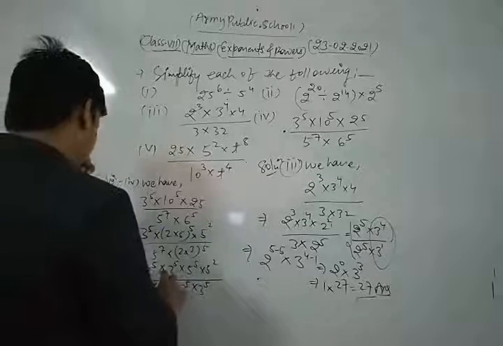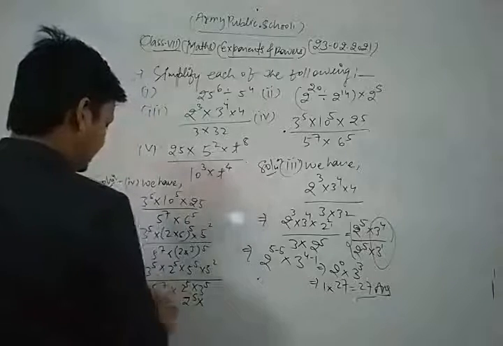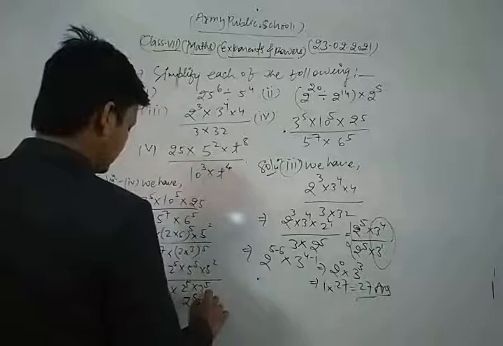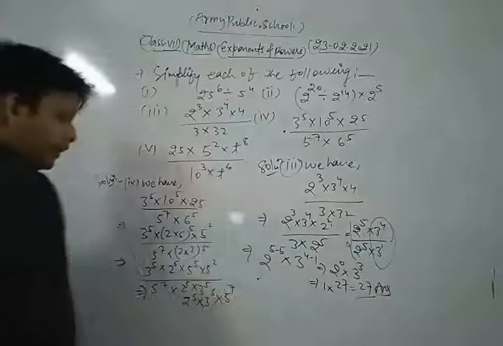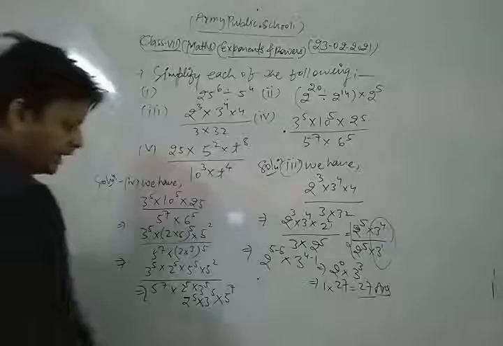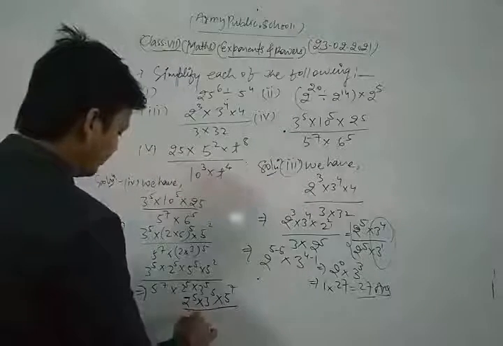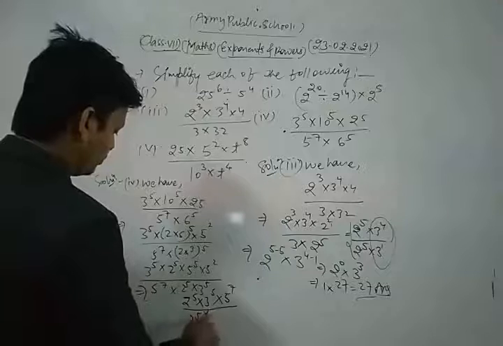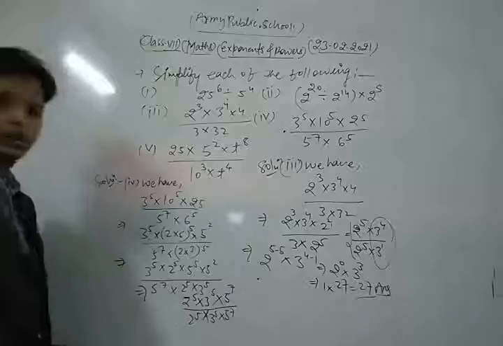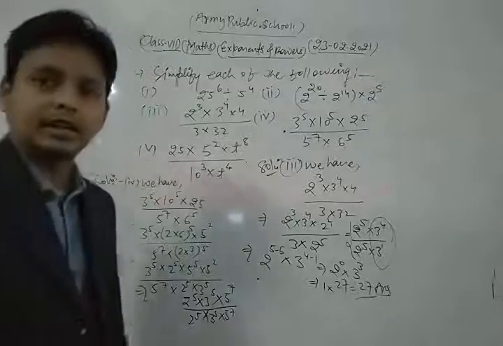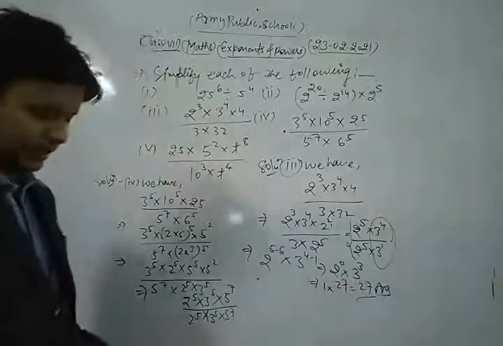Thus in the numerator 2 power 5 as it is, 3 power 5 as it is, and 5 to the power 5 plus 2, 5 to the power 7. Okay, students, and in the denominator 2 power 5 into 3 power 5 into 5 power 7. Now what I do, here we apply the law of exponents, a to the power m upon a to the power n. Okay, so we get, let's see.